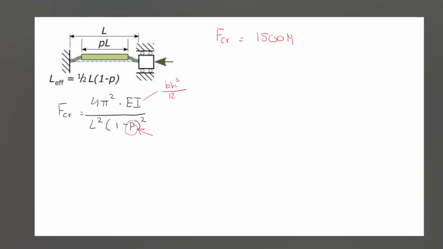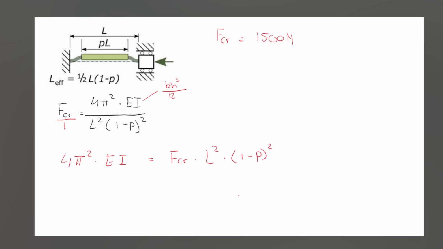But first we have to rewrite this formula so that P is on the outside. So let's go and do that. Same trick, I divide this one by 1. So that means 4 pi squared times E times I over, times 1 is the critical force times L squared times 1 minus P squared.